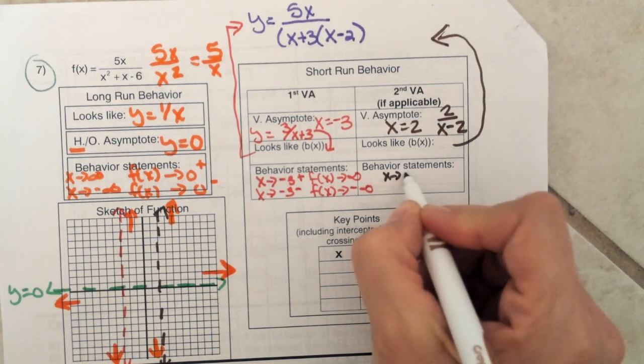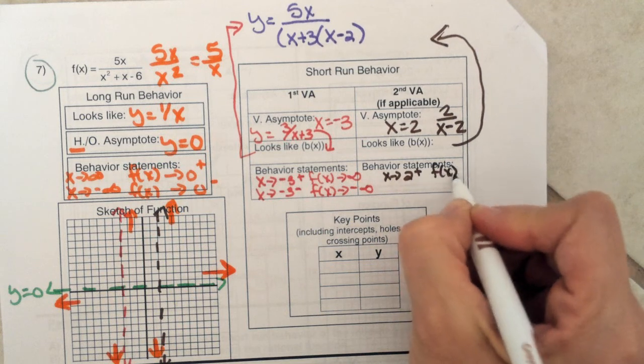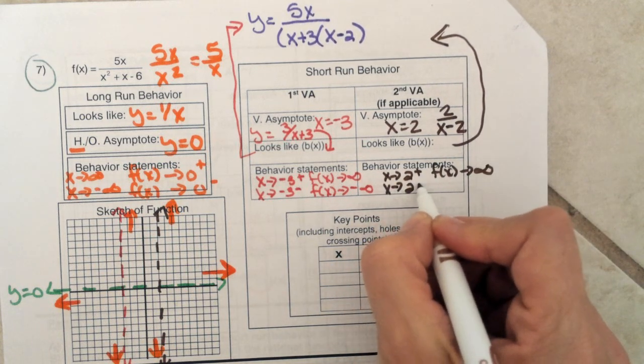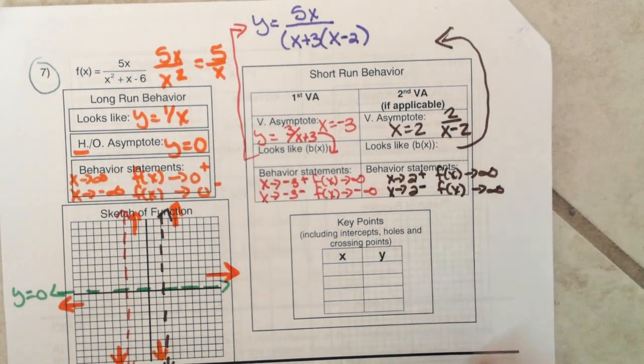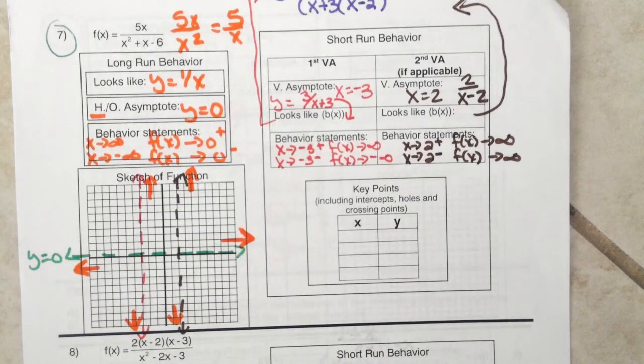So as x approaches 2 from the right, the function goes up. As x approaches 2 from the left, the function goes down. Okay. So all I need to do now is figure out an x and a y intercept, and then we can say this one's done.